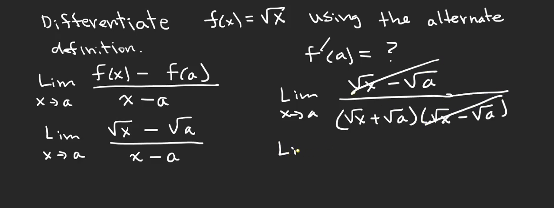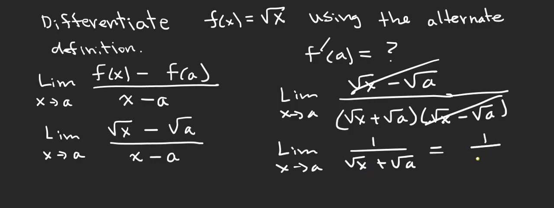So you end up getting limit as x approaches a, 1 over radical x plus radical a, and then finally you plug in a for x, you get 1 over 2 radical a. So f prime of a is 1 over 2 radical a. So this means you could find f prime of 1 or f prime of 4, f prime of 5. All you got to do is, if it's f prime of 5, instead of a, plug in 5.